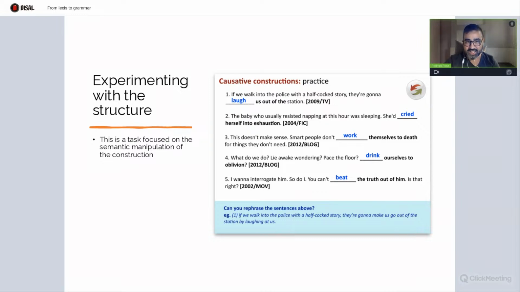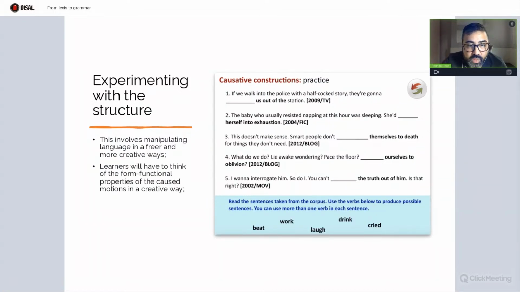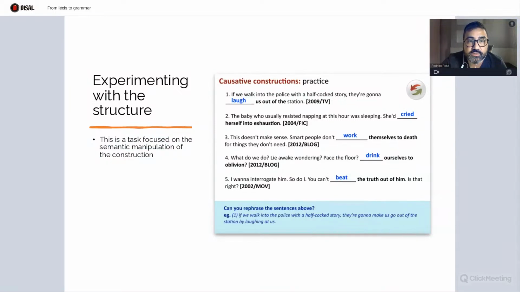So we would discuss and come up with the answers, right? And there I said you can use more than one verb in each sentence, right?